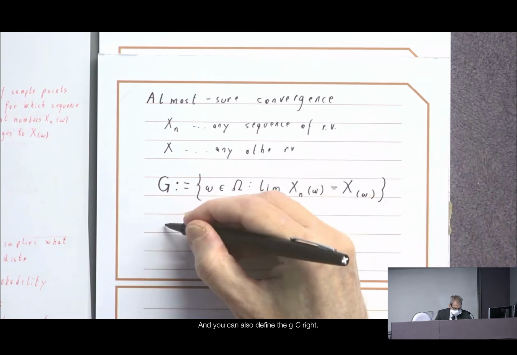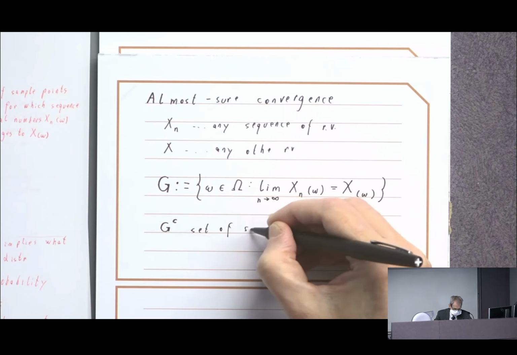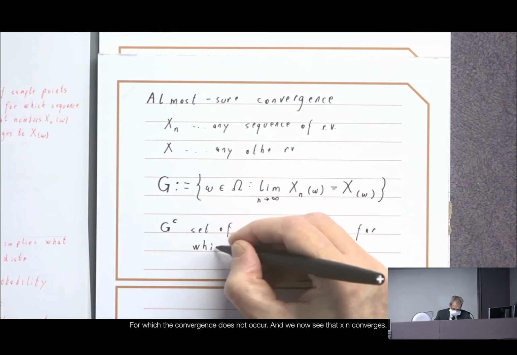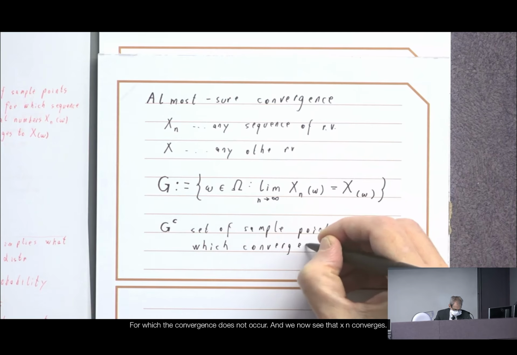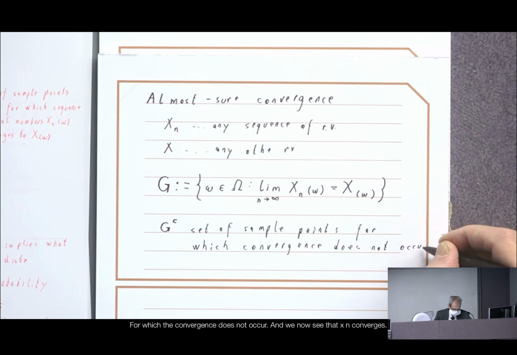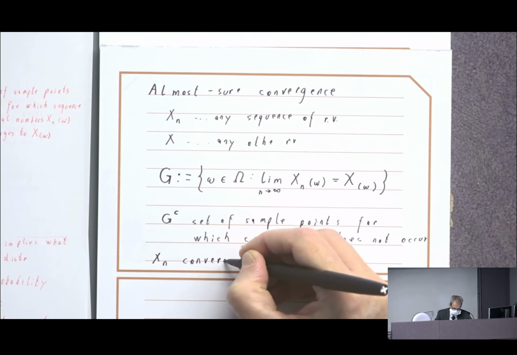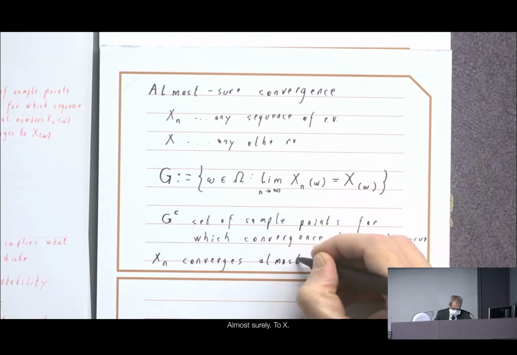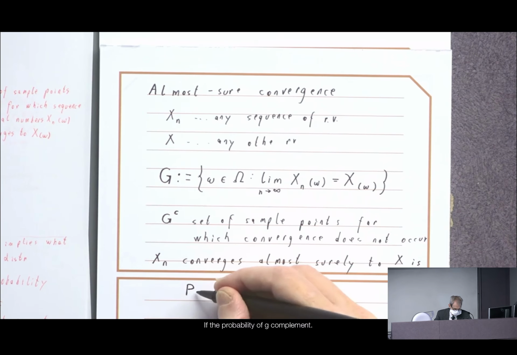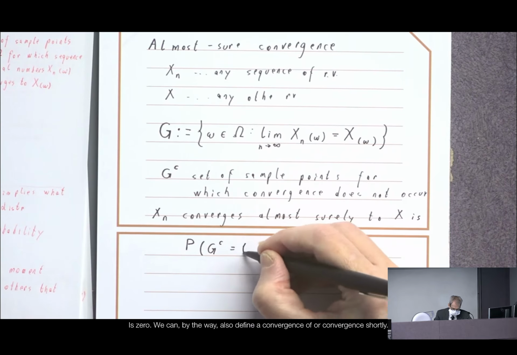And you can also define the G^C, right, the complementary set of G, which is the set of sample points for which the convergence does not occur. And we now say that X_n converges almost surely to X if the probability of G complement is 0.